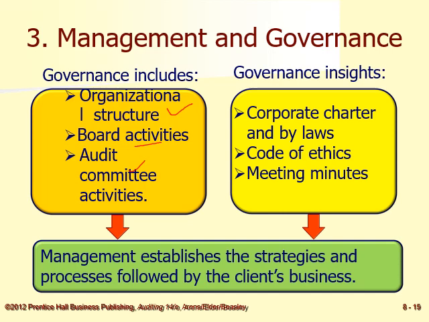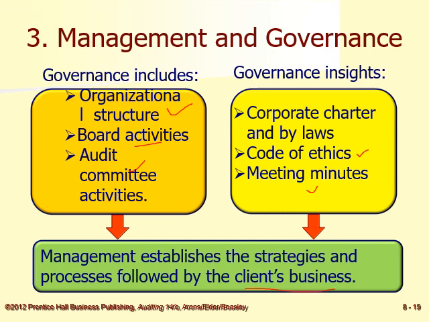Next, governance inside. What is the corporate charter and bylaw? What is the code of ethics applied in that business? And sometimes we can see the minutes of meetings of the business. That is a very important document the auditor can assess.